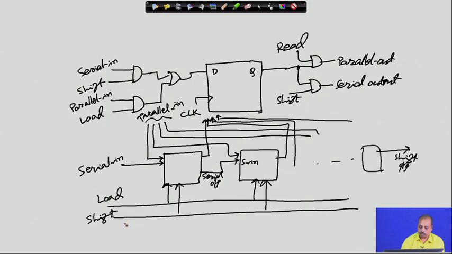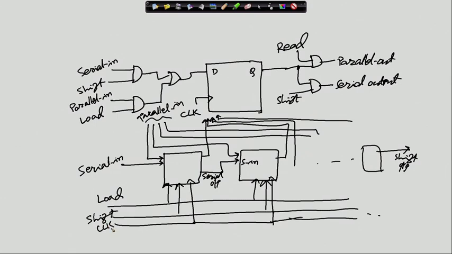Clock signal should also be given to all the stages. Then this structure will behave as a register where you can parallelly load the value or serially load the value. You can take a parallel output, you can take a serial output. All those operations are needed when we are incorporating these registers inside microprocessors.